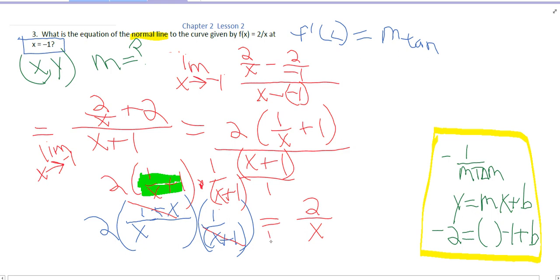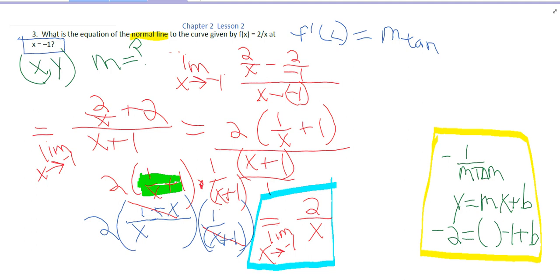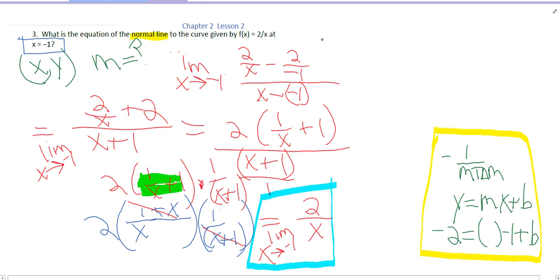And remember, we are looking at this as we approach what? As we approach x at -1. So we have our value, and I don't know how to get this screen to get any bigger, so I'll try to squeeze everything in right now. So we're going to take this, let me highlight this in blue. We're going to take this, and that's going to be our slope of our tangent line. So we'll continue up here. Let me erase some of this stuff up here.